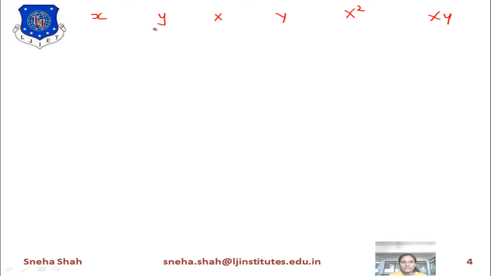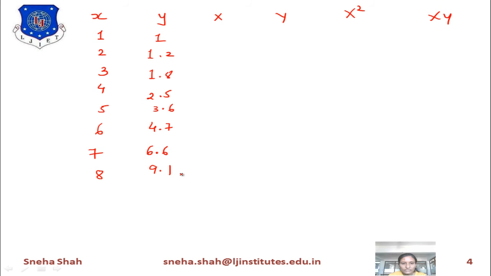First of all we write the values of small x and y. The values of small x are 1, 2, 3, 4, 5, 6, 7 and 8. Similarly, the values of small y are given: 1, 1.2, 1.8, 2.5, 3.6, 4.7, 6.6 and the last term is 9.1.